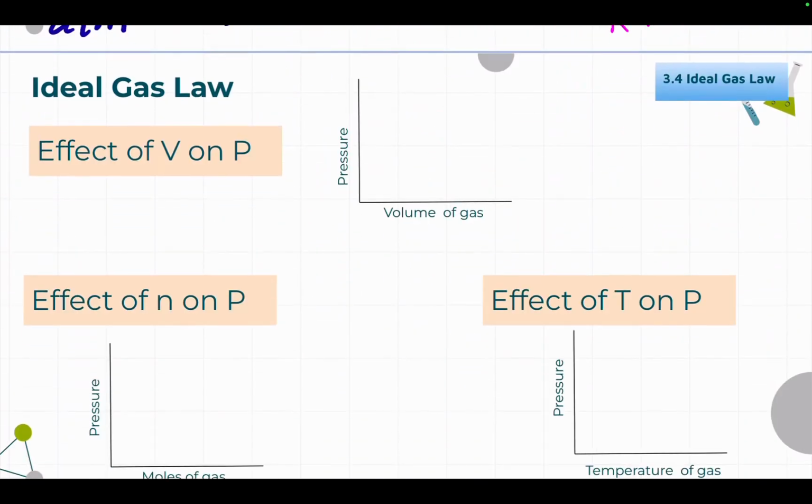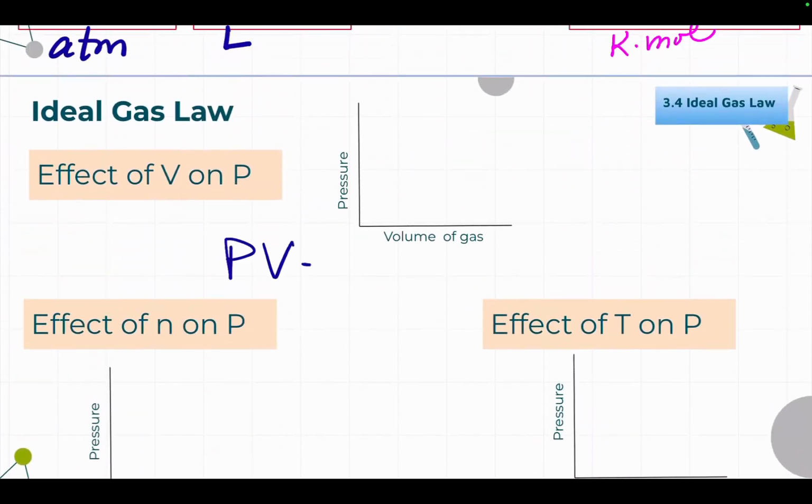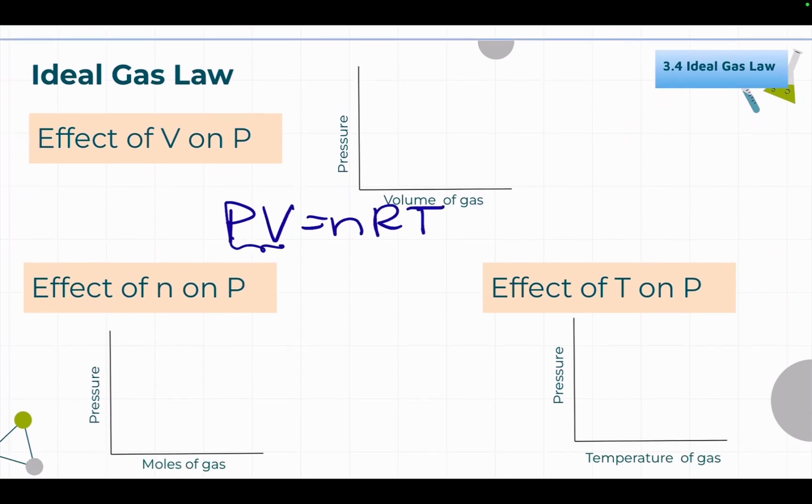If I look at the equation, PV = nRT, assuming I'm holding the moles and the temperature constant, pressure and volume are inversely proportional. As pressure goes up, volume goes down.